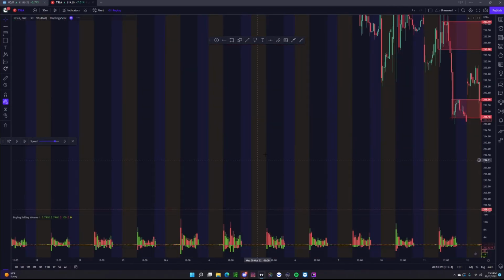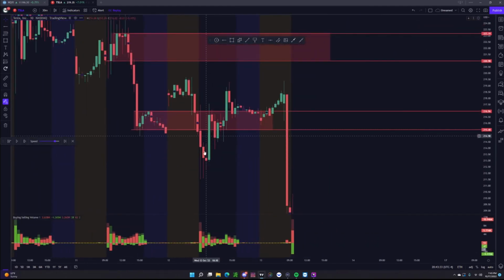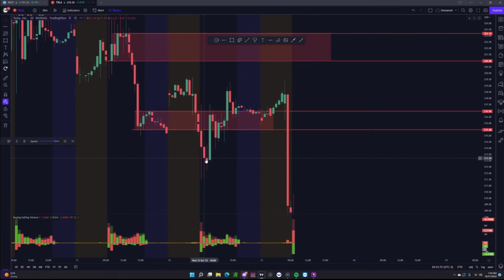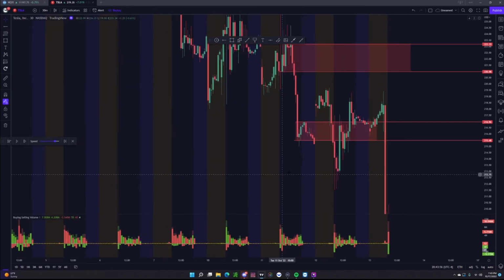Let's see. So you go back to the 30-minute, and you can kind of see how you had major selling at open, and then you had a buyback, major selling, buy, support, and then the buyers ultimately pushed us up, right? You can see how that supply zone started getting weaker and weaker as the sellers weakened, the buyers got stronger, right?